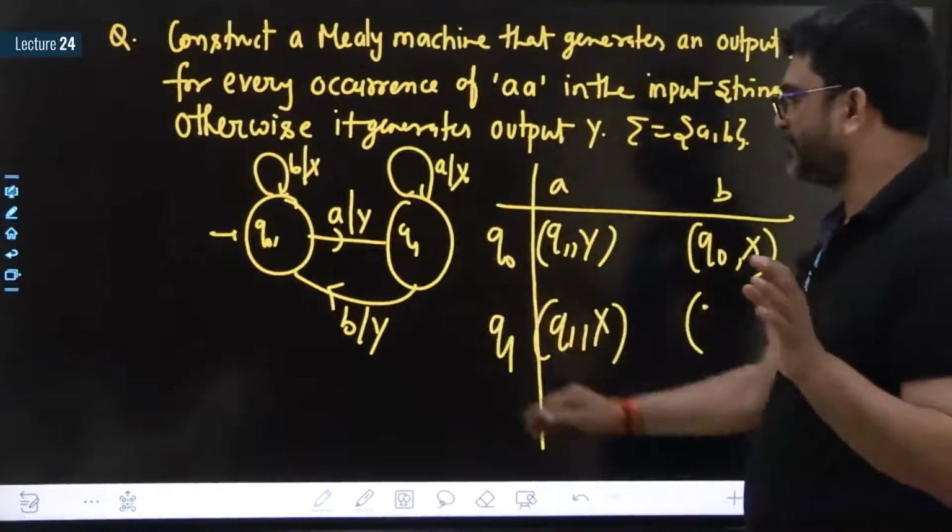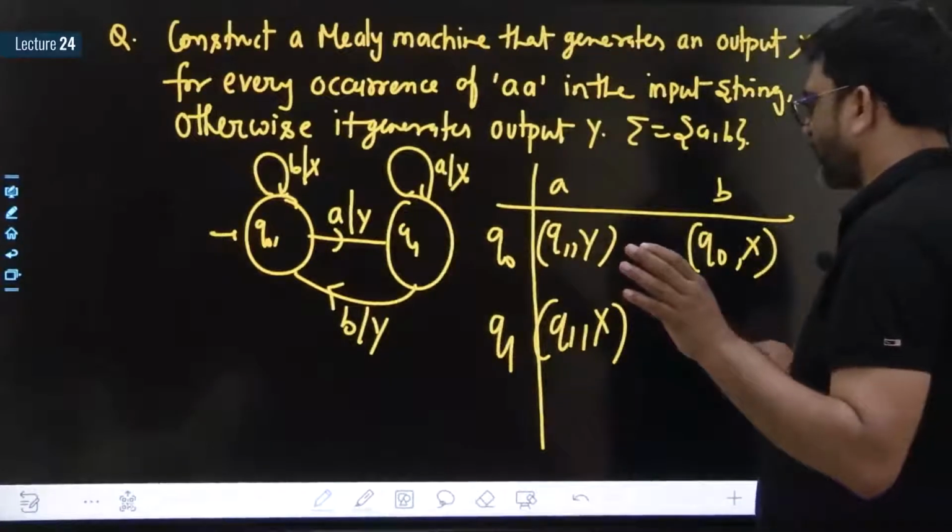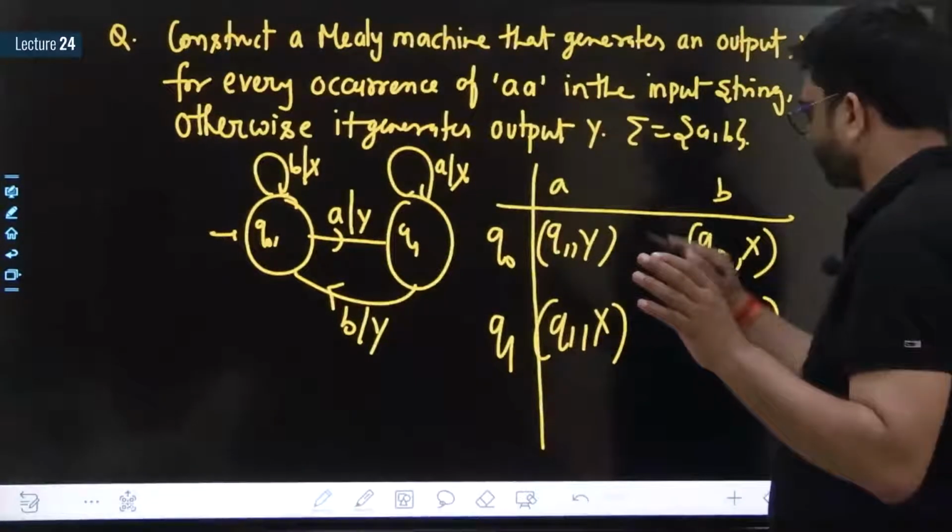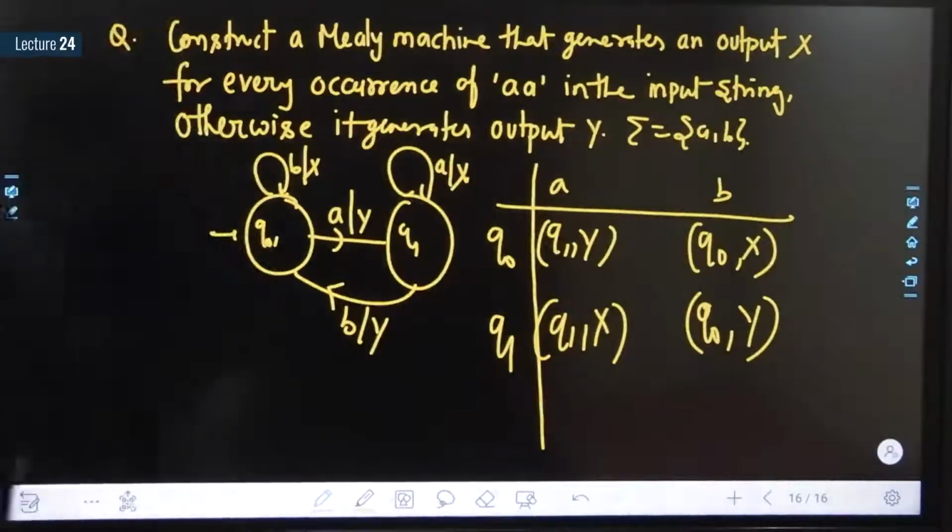Q1 on B, it goes to Q naught, output is Y. Clear? Okay, do next question.